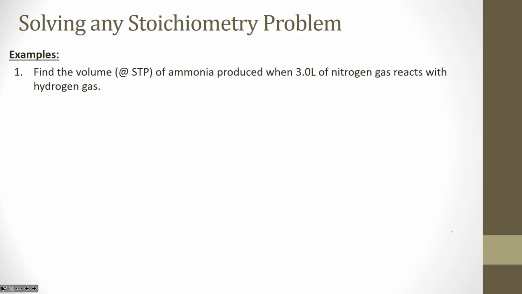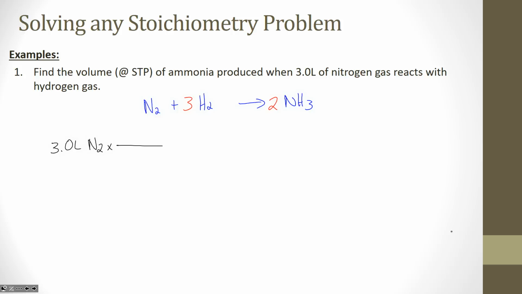First things first, we write our balanced reaction. We have nitrogen gas and hydrogen gas making ammonia, and the balancing would have to look something like this. I need 2 nitrogens there, which means I need 3 hydrogens there. We're going to start with our 3.0 liters of N2 and change that to moles right away.